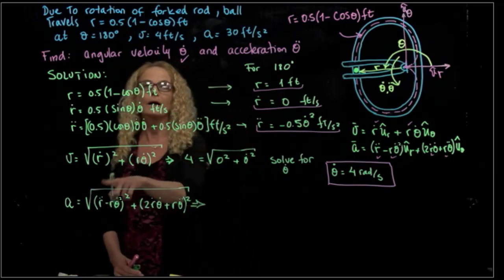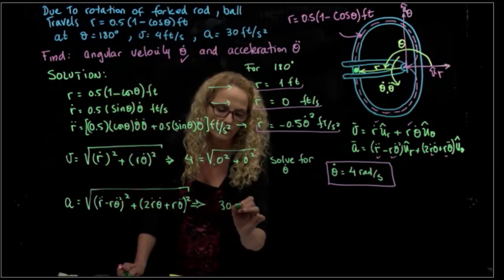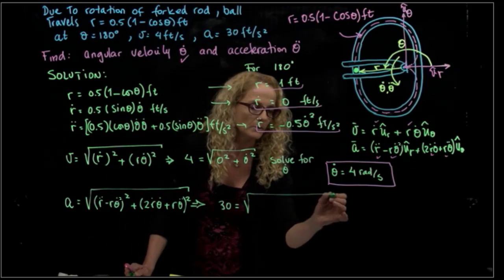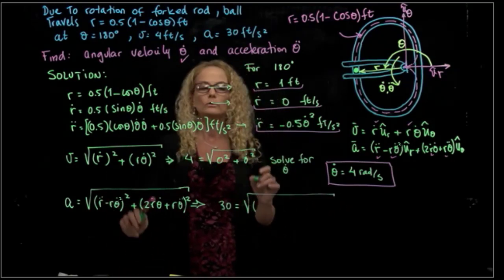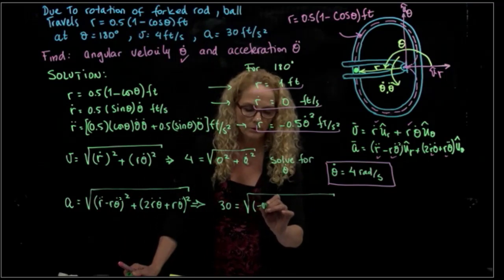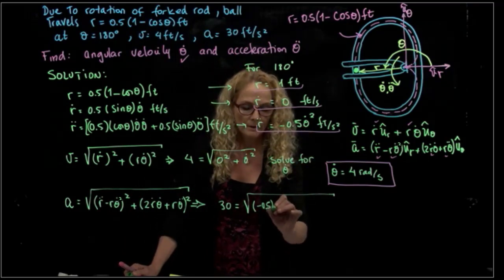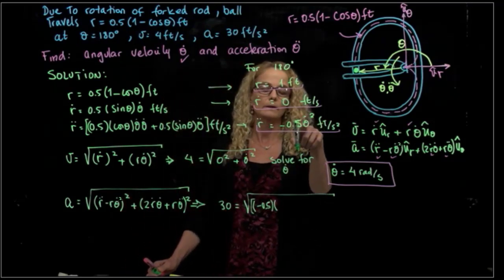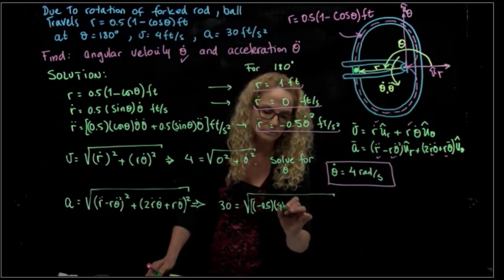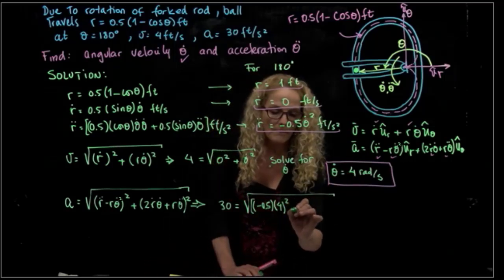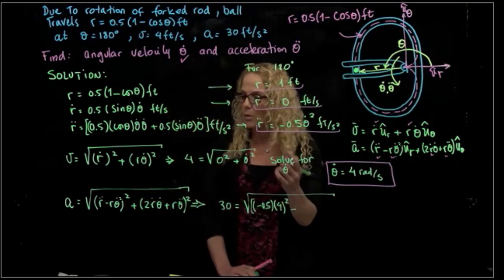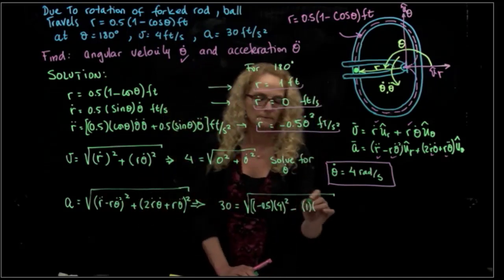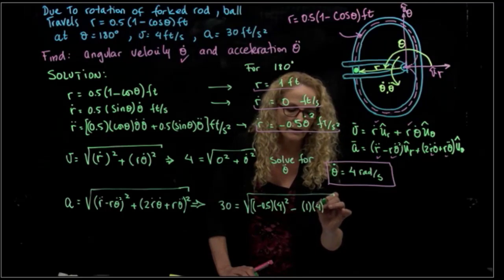We know that this magnitude is also given, 30 equals, and then I plug in all the values that I have, square root of: r double dot is negative 0.5 times theta dot squared, which is 4 squared, minus r, which is 1, times theta dot, which is 4 squared.